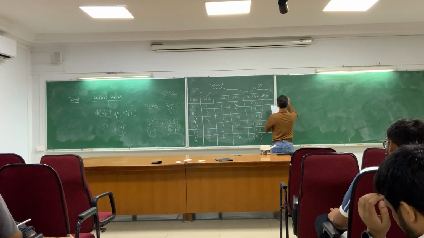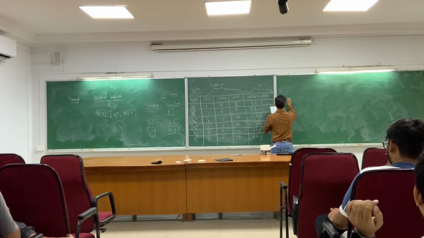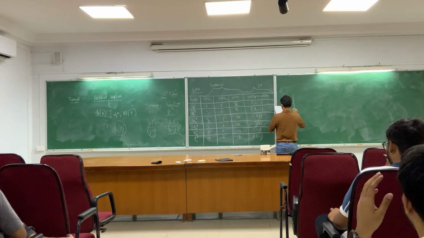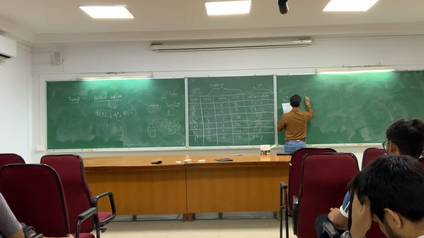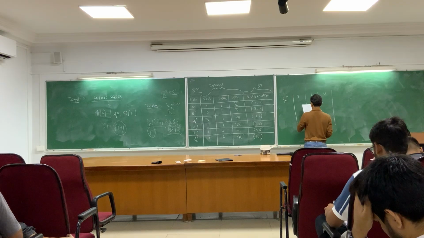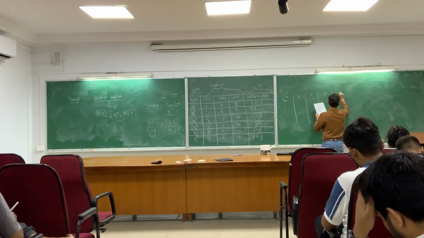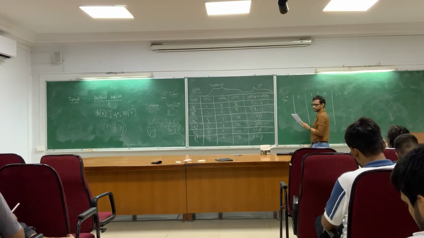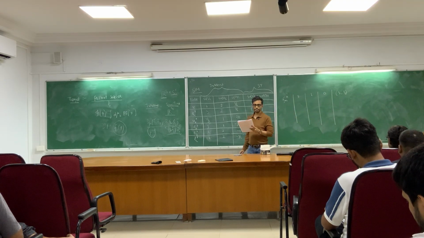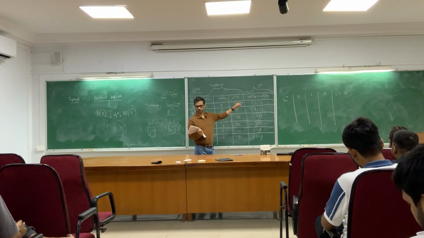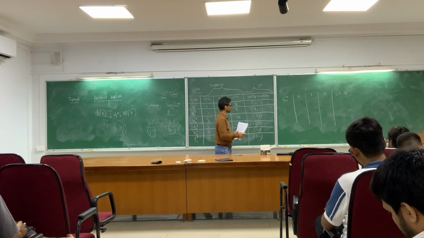So G mu nu A, this is basically SU3 8, 1, 0, and this is 3 comma 3, and I am not writing the headers again because you can read it from there, right?